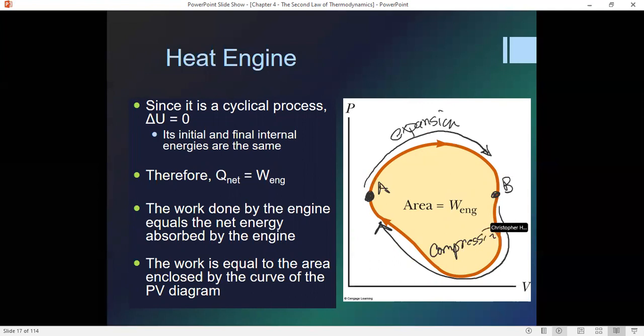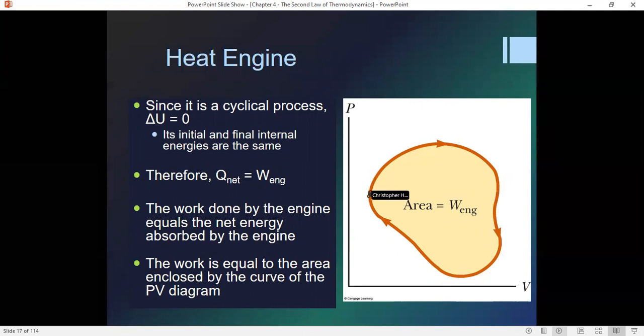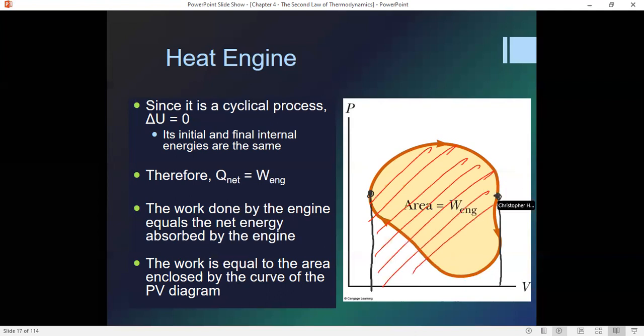So if we look at the area, here's point A, here's point B. During the expansion phase, I got this much area.